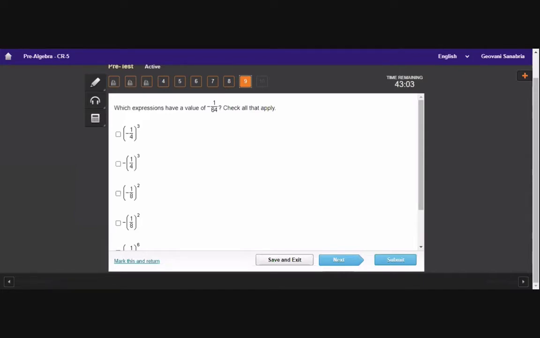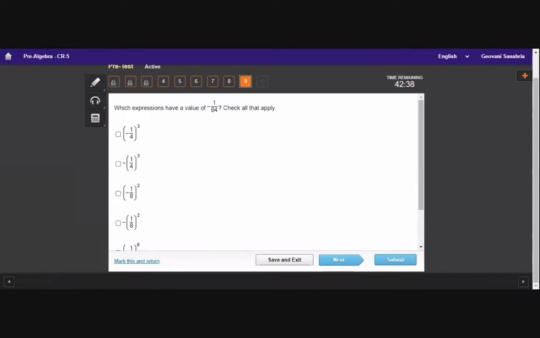The first two are exactly the same, right? Just because the negative's outside the parentheses, does that mean anything? Because the exponent is 3 and 3 is an odd number, moving the negative inside or outside means the same thing. If it was an even number, it would be different. Like the next two answers, those are different answers.